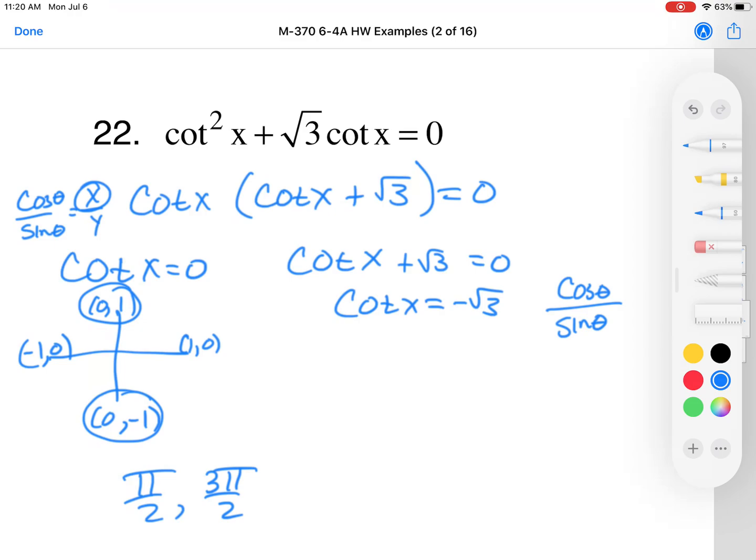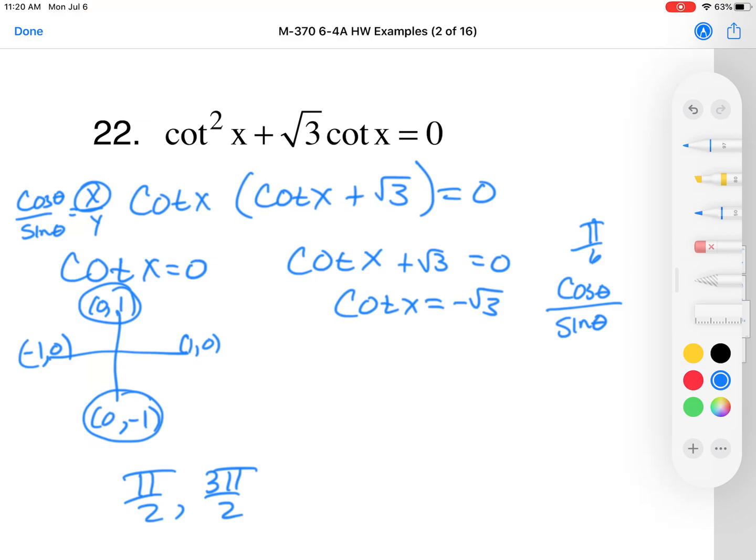I know the cosine of pi over 6 is root 3 over 2, and the sine of pi over 6 is 1/2. So pi over 6 could possibly give me a root 3. If I divide those, it leaves the root 3 up top. So we have a pi over 6 reference angle. And you're just arguing through like that.